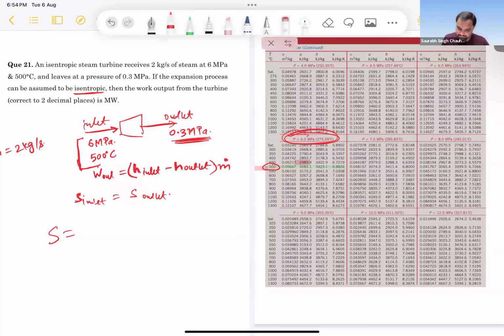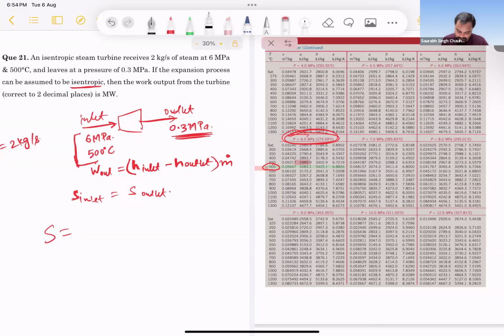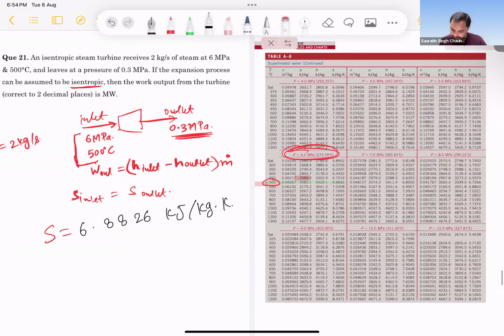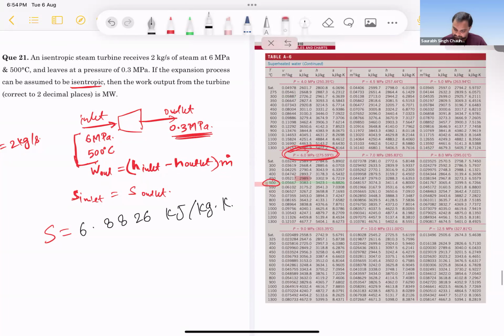S is given here: 6.8826 kilojoule per kg Kelvin, and H is given 3423.1 kilojoule per kg.